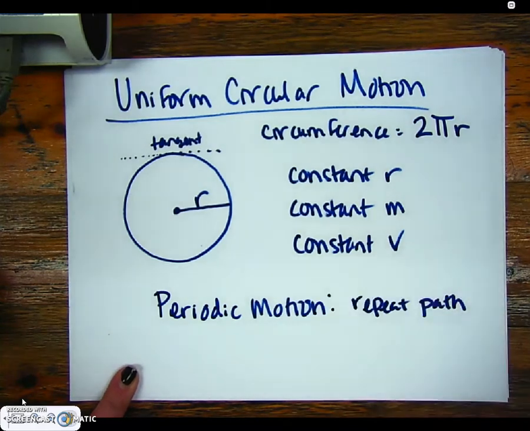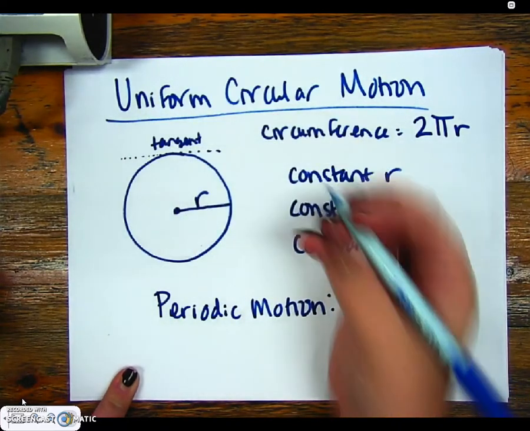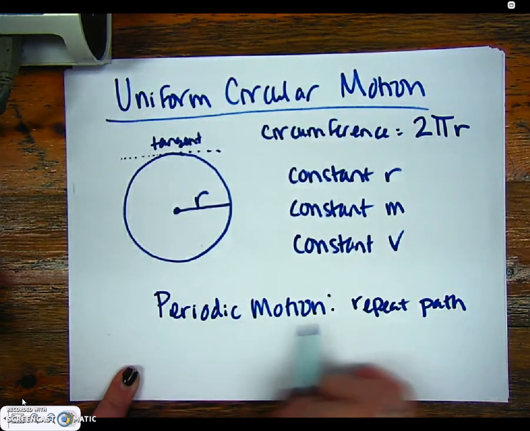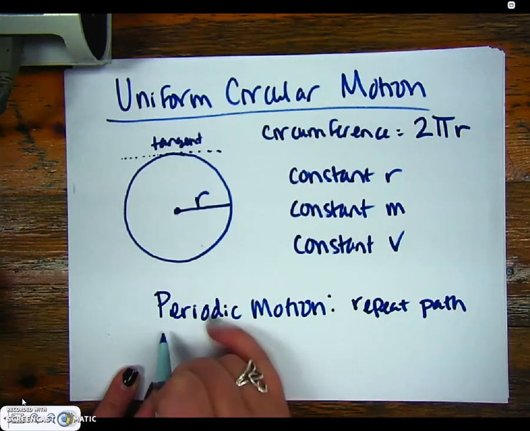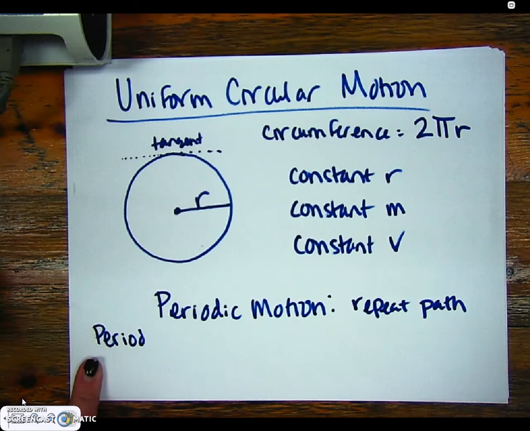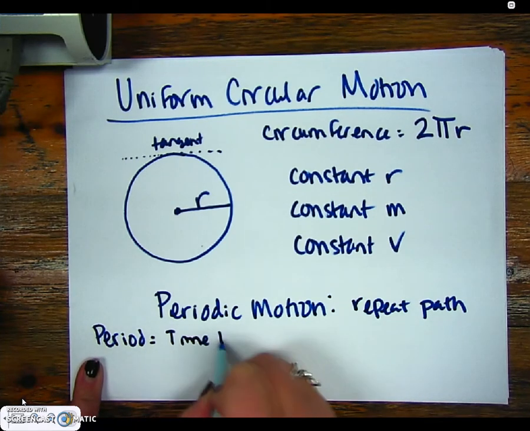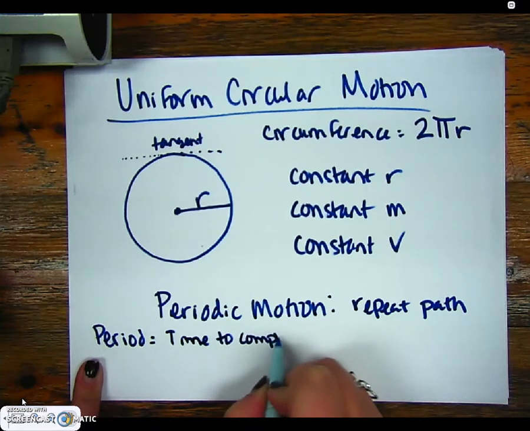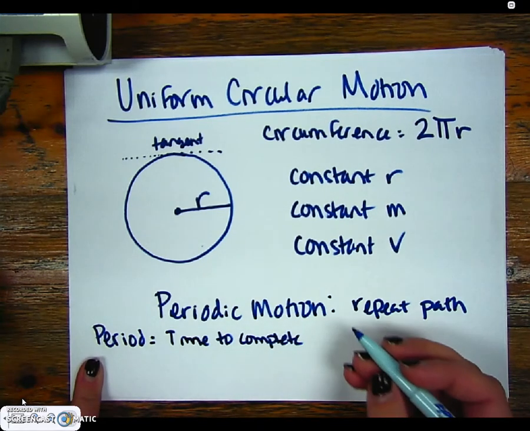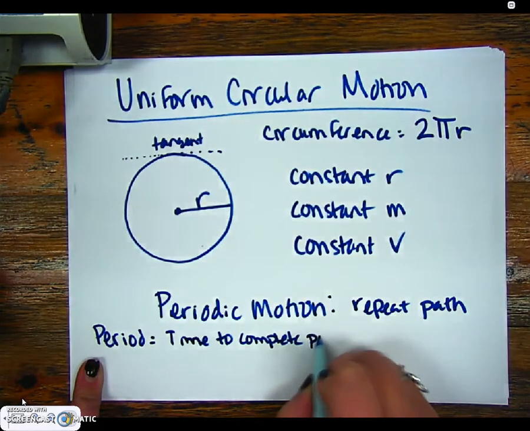So circles fall into this category because you're always repeating this path, right? So periodic motion has what is called a period. The period is the time for you to complete your path. And in this case, it's the time to go around the circle once.